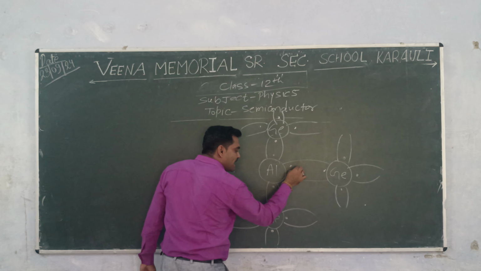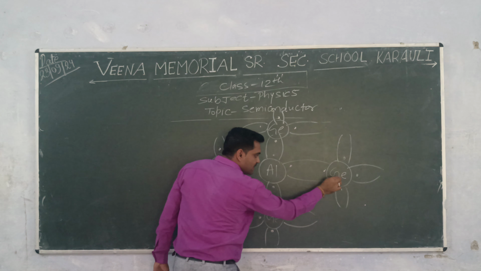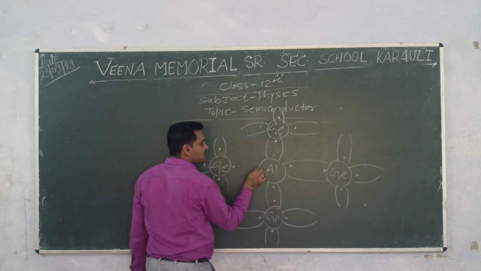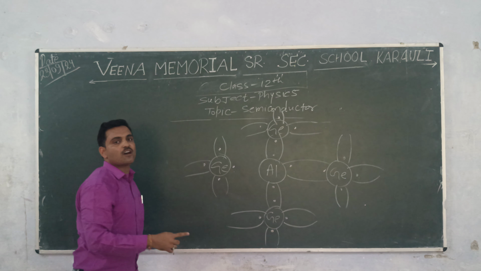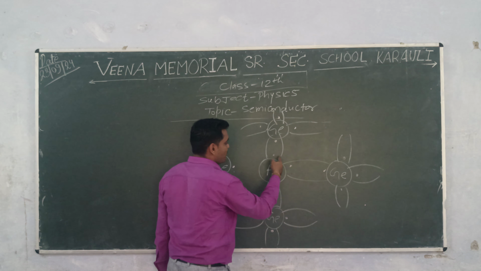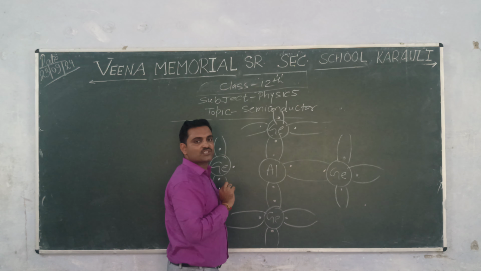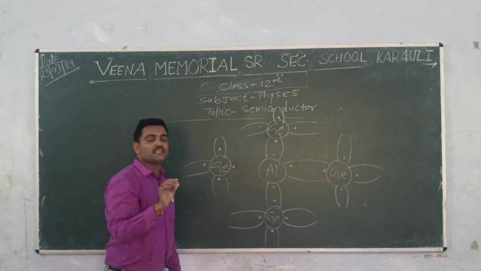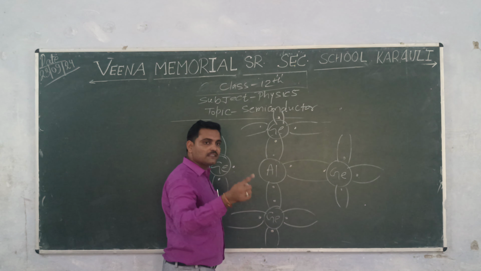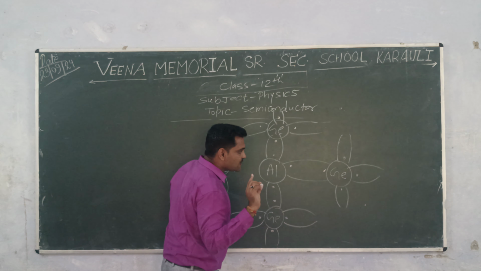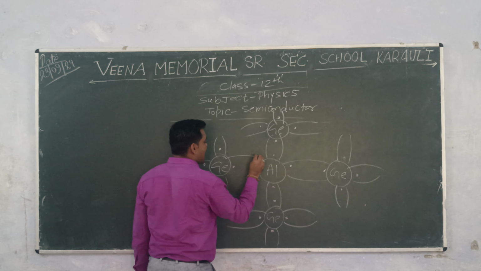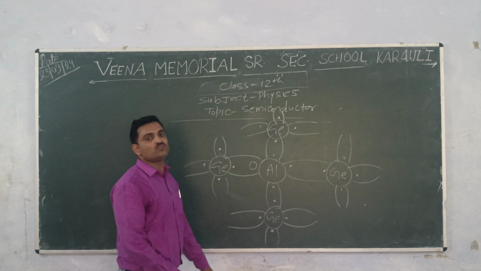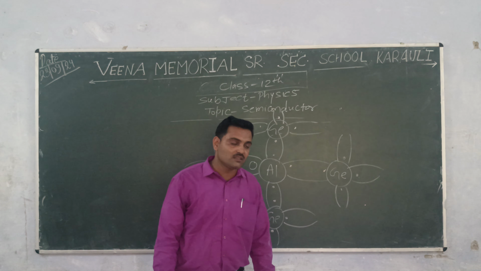Aluminium forms 3 covalent bonds with neighboring germanium atoms, but its fourth covalent bond is not completed due to the deficiency of an electron. Aluminium has only 3 electrons in the outermost shell, so it can form only 3 covalent bonds, but for the completion of the lattice the 4th covalent bond is required, and this 4th covalent bond is formed with a hole which arises due to the deficiency of an electron.